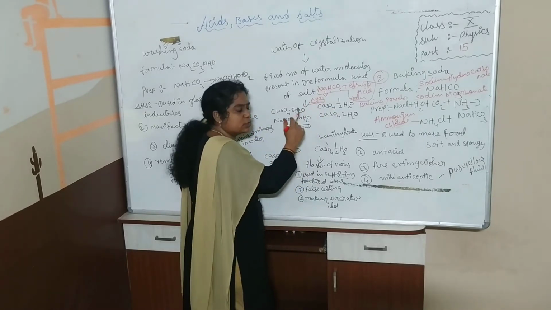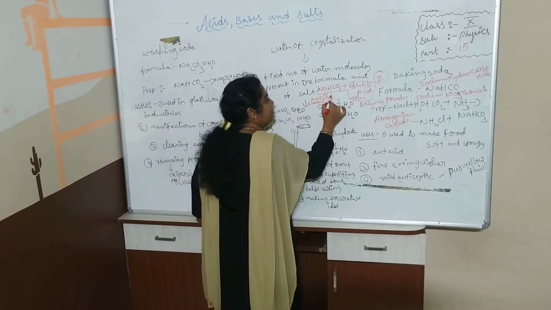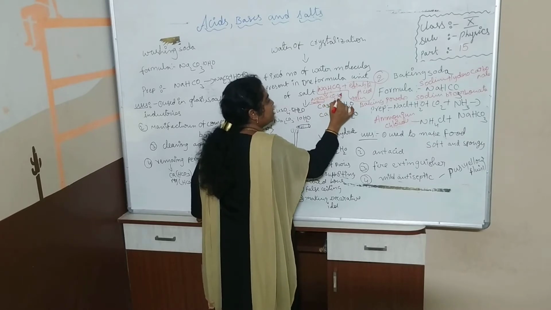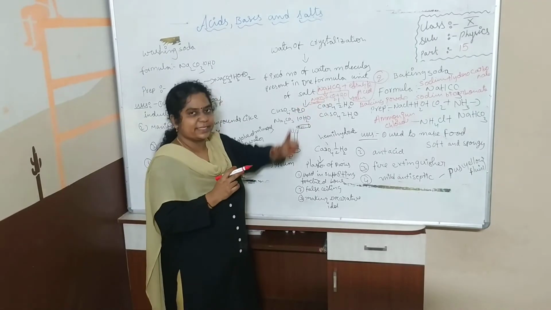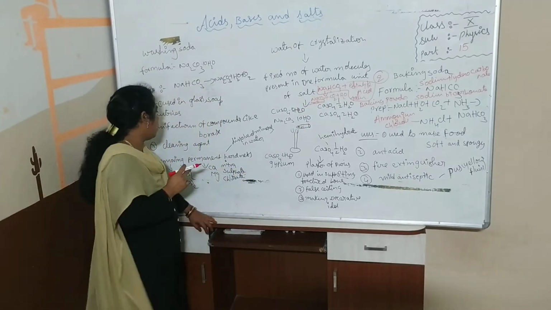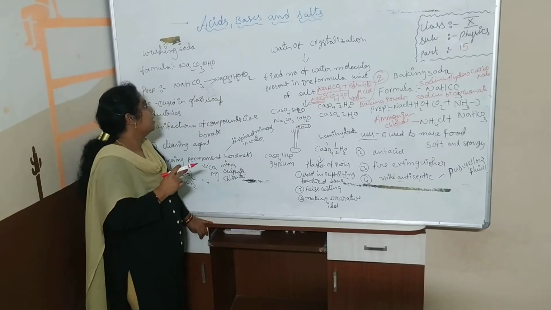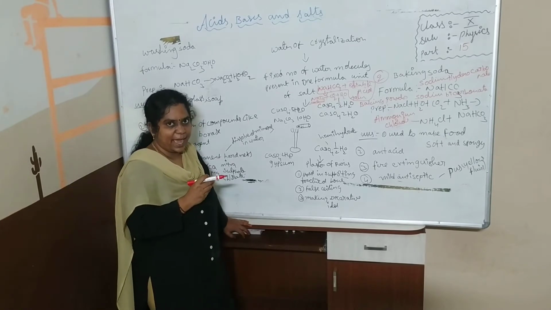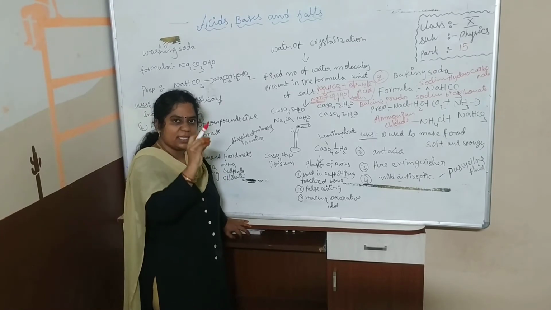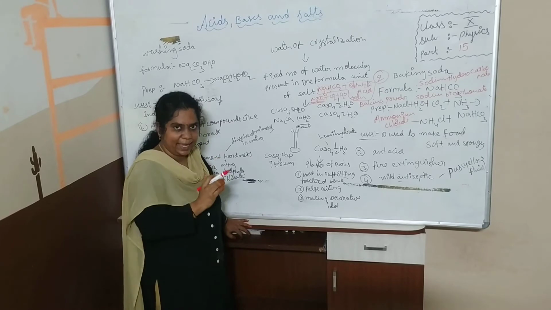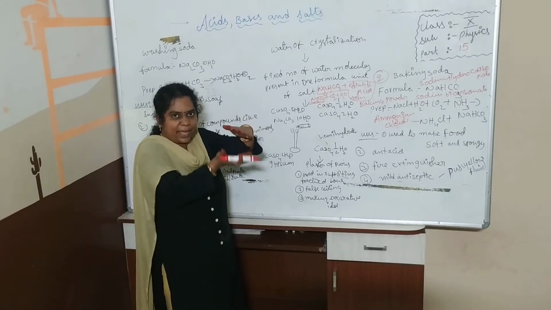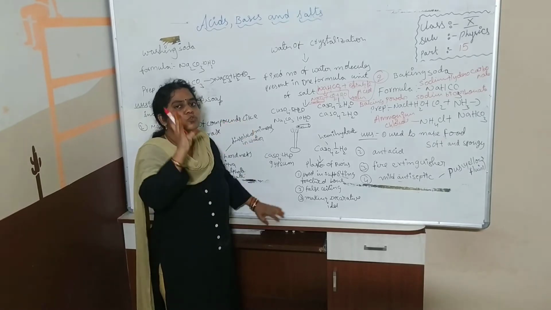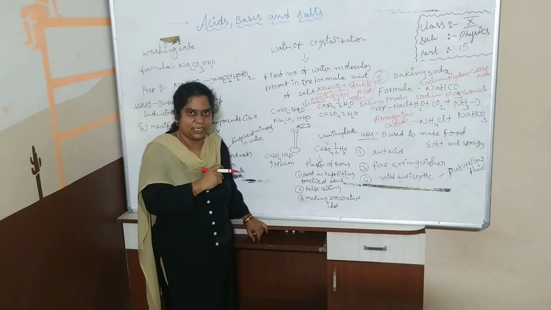See here, washing soda, and it will give you even carbon dioxide and water. Carbon dioxide is a gas. This carbon dioxide gas will occupy the space of the solids in the cake, in between the cake. Because of the gas, carbon dioxide, the food will become so soft and spongy.